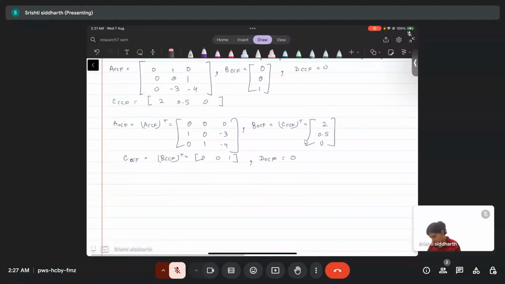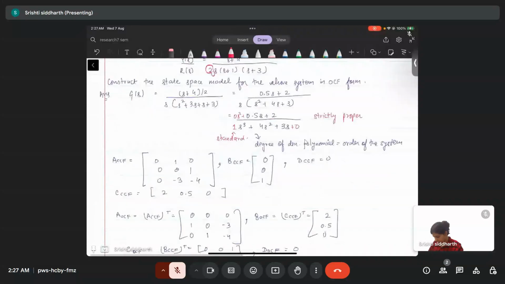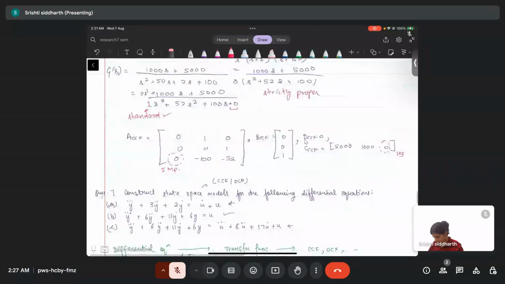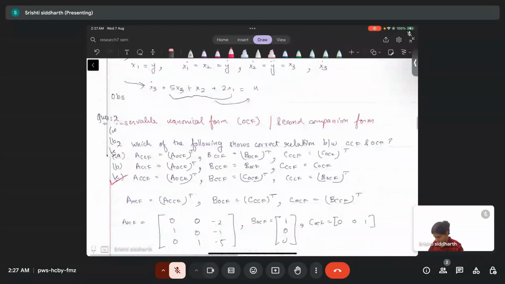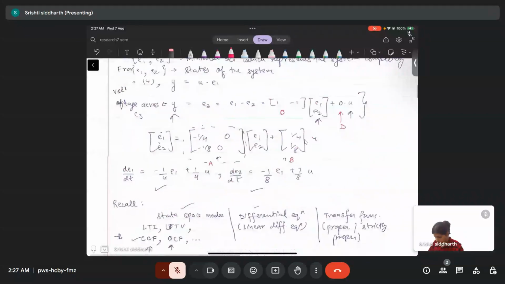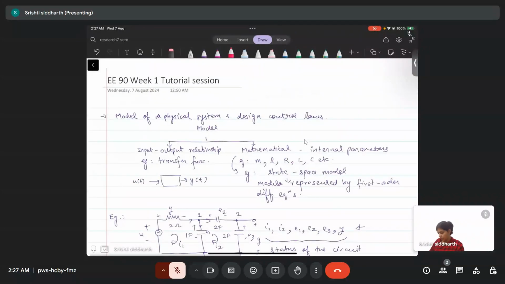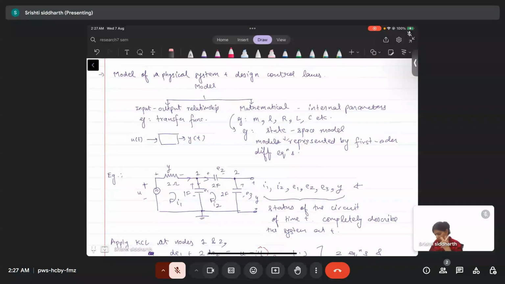So these are all the questions for today's session. So let's just review what we have done. We started with the introduction to control system theory, in which we said that we always need a model of the system that we're talking about, and our objective.